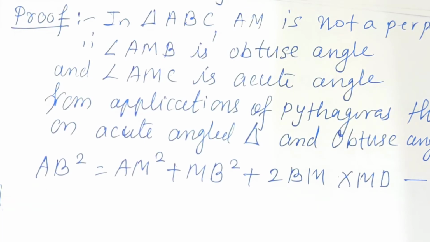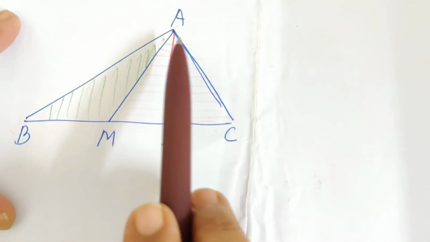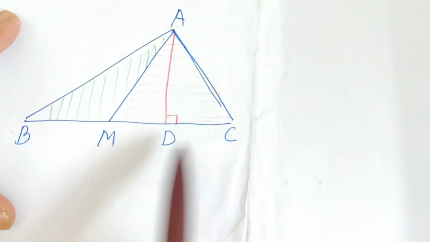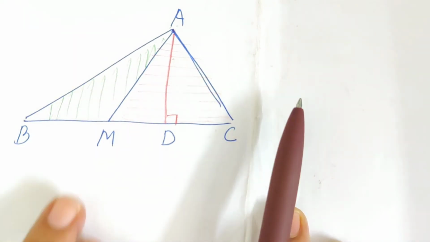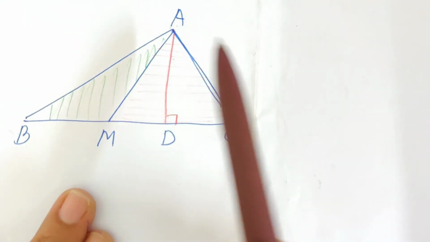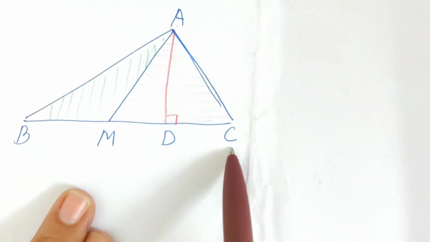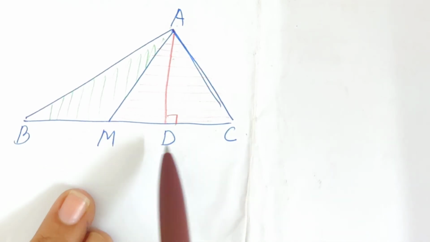And second, for acute angle triangle, when you will apply, see the acute angle triangle is here, which I showed you in the red color, AMC. So here AC square is equal to AM square plus MC square minus 2MC multiply by MD.